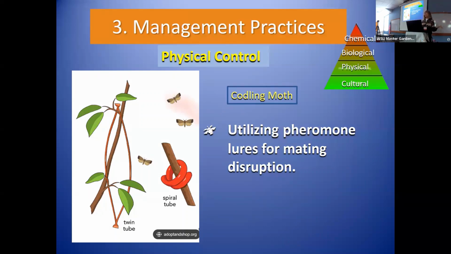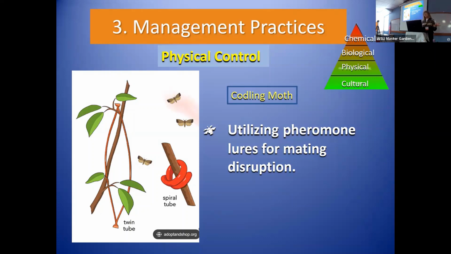They can't find the females to mate. If you went over to Central Washington, you would find that they have these big aerosol dispensers blowing this into the air through their orchard. This is a primary technique they use to suppress codling moth.